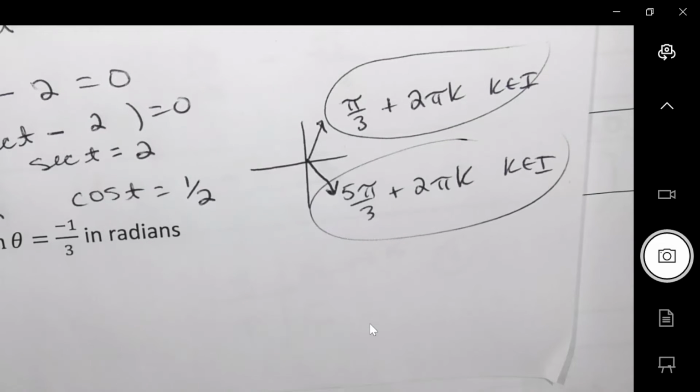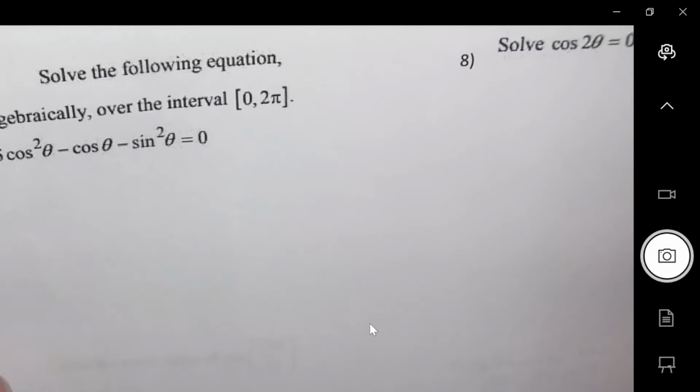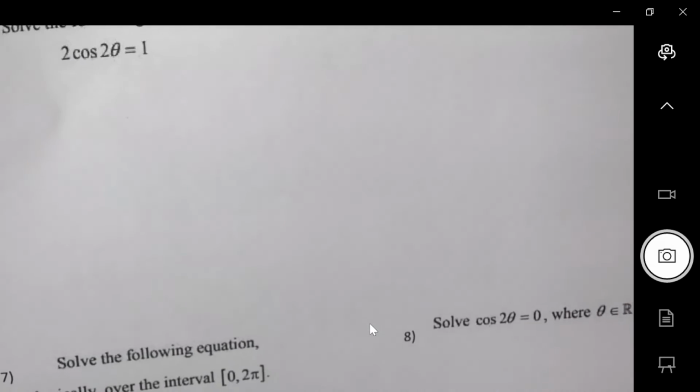Oh, I found one. Number 7. So page 11, number 7, that would be a little bit different. We'll do that one together.